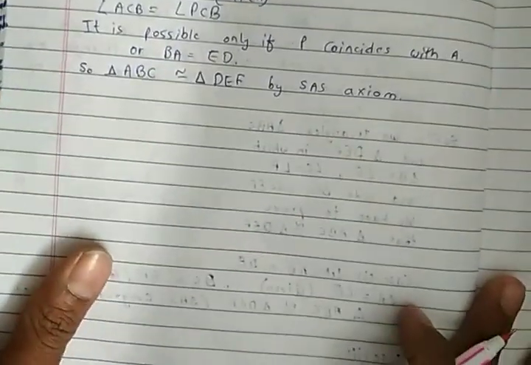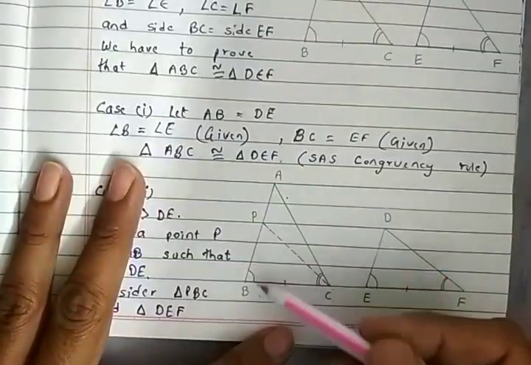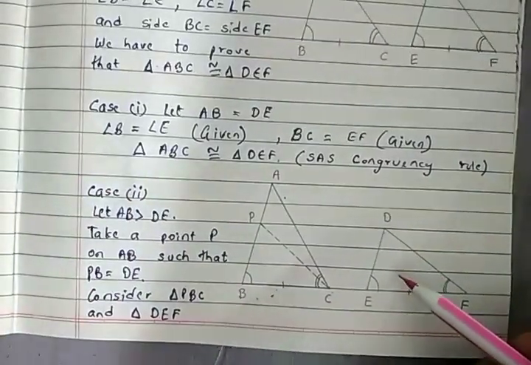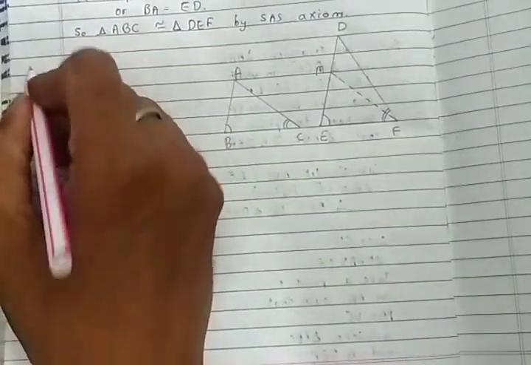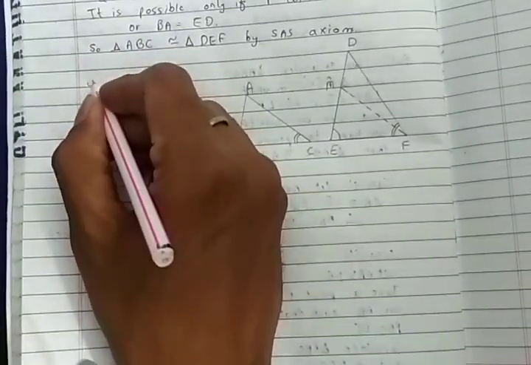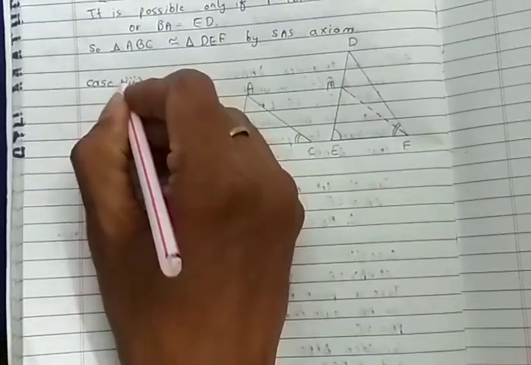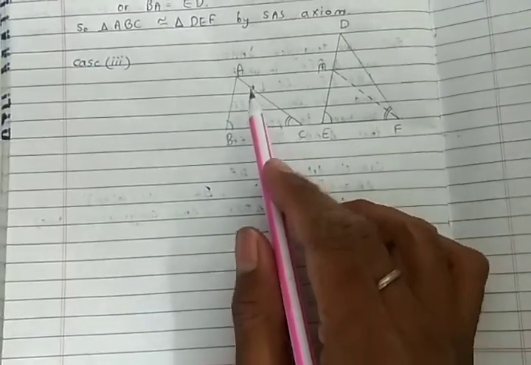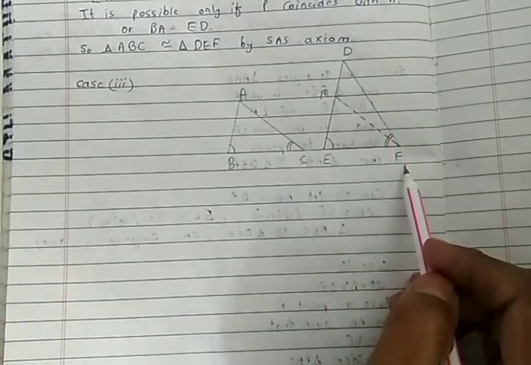Now let's see, there are a total of 3 cases. In the second case, we considered that this is greater than this length. Okay. Now let's see about case 3. This is case 3. The two triangles are given, triangle ABC and triangle DEF.